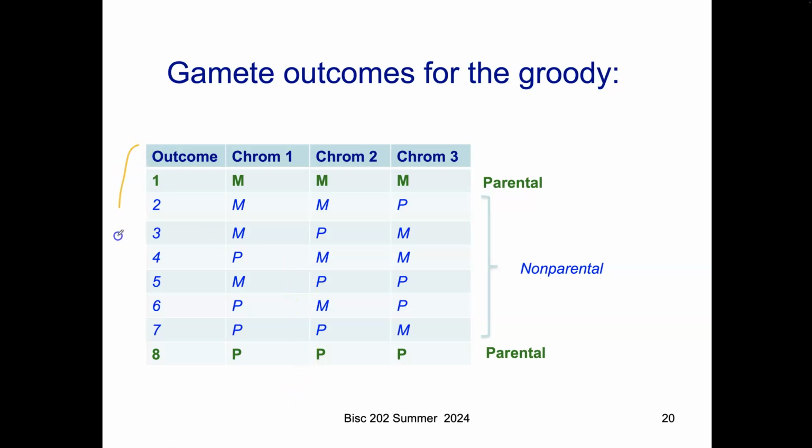And these are the outcomes. So there's only a couple of possibilities where all of one set that was inherited from a parent are passed on together. Most of the time, we have what are referred to as non-parental combinations. And this is just based on random segregation.